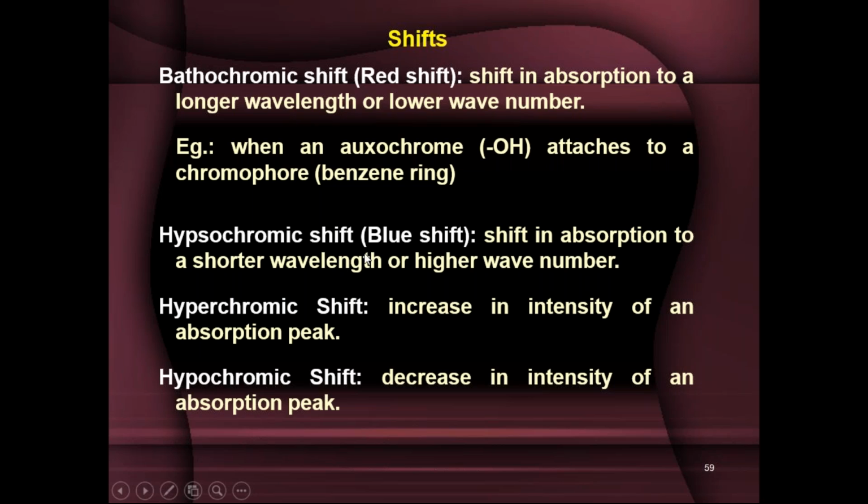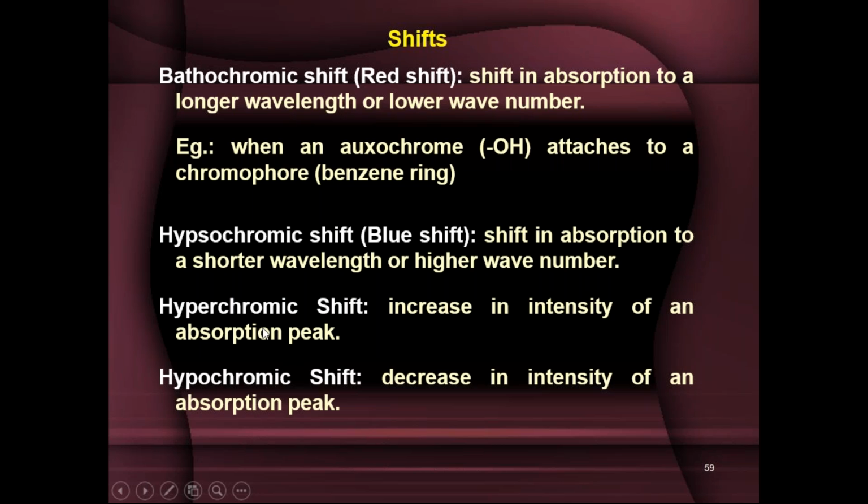So how is this caused? Just by the opposite reason as the bathochromic shift. Suppose an auxochrome is removed from a chromophore, an auxochrome that was potentiating the intensity of absorption of the chromophore. If that is removed, then you see a shift in the absorption to shorter wavelength. We will see some examples in later slides.